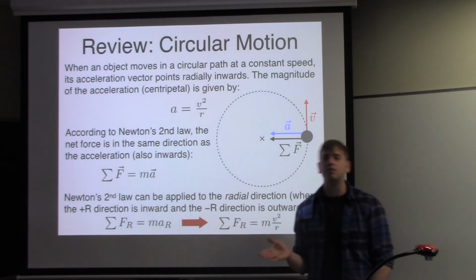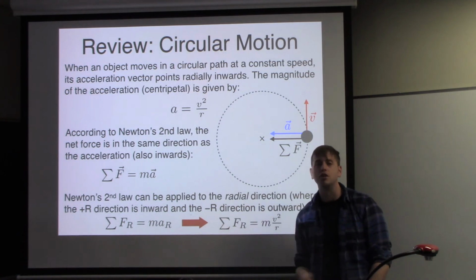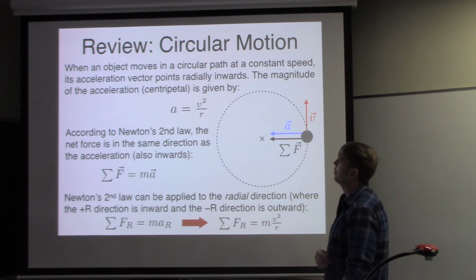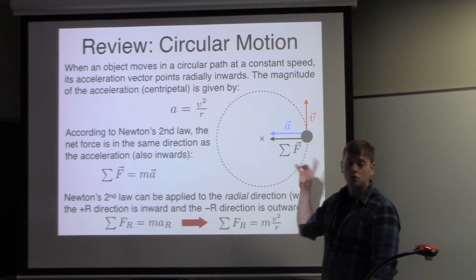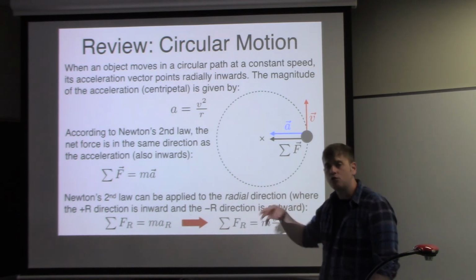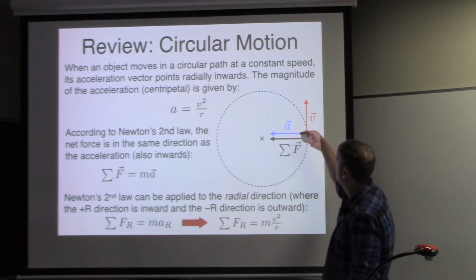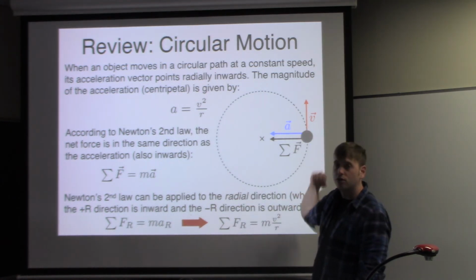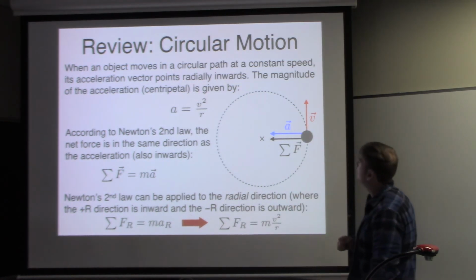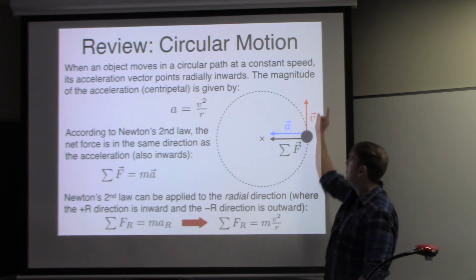And the reason for that is it's changing its direction of motion constantly, so it must be accelerating. We call this centripetal acceleration, and the word centripetal just means seeking the center. So the acceleration is going to be pointing in towards the center of the circle that we're moving in, whereas our velocity is going to be tangent to the circle.